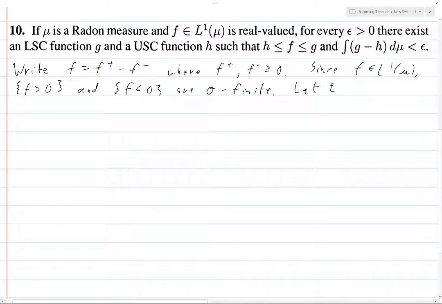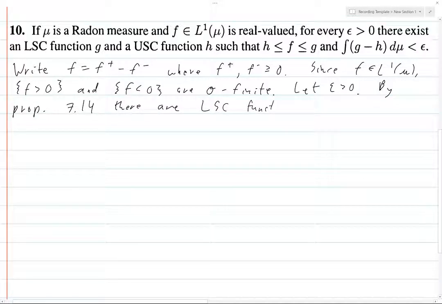So anyways, let epsilon be greater than 0. By proposition 7.14, there are lower semi-continuous functions GL plus minus, that's L for lower semi-continuous, and there's two functions here, GL plus and GL minus.